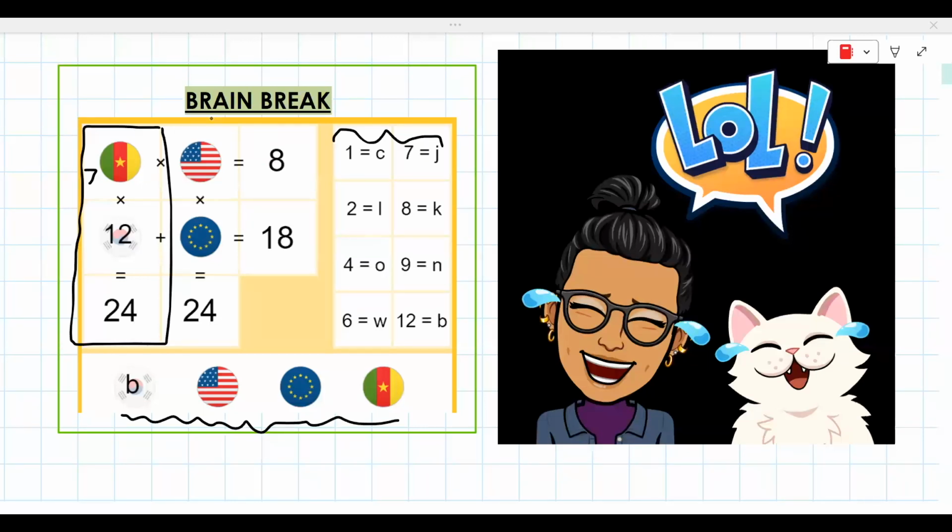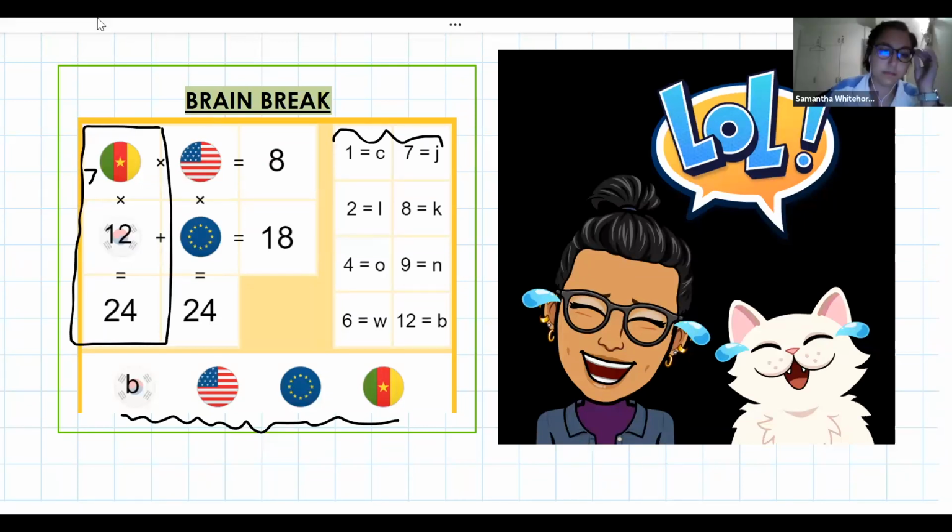Find that number. When you find it, you'll find a letter to put where that flag is. So look at where 2 is. If everybody agrees that that's 2, you must check the letter of 2 and put it where the flag of that country is. Yeah, I really don't know my flags, guys.